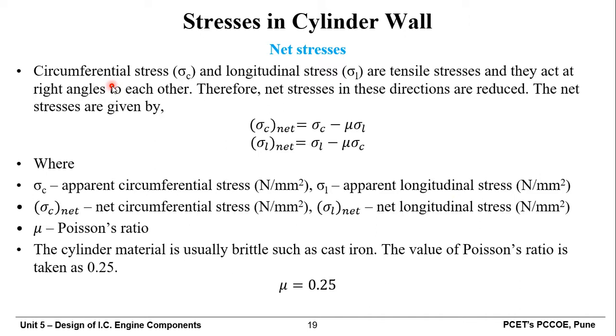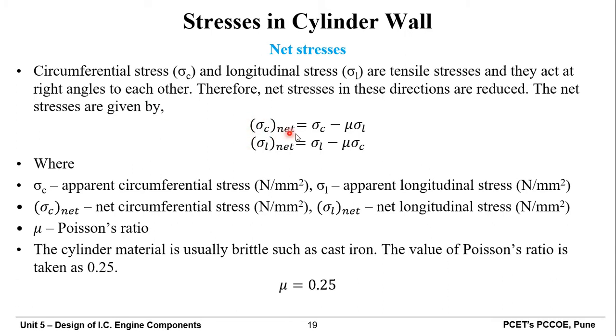Once you get the apparent circumferential stress sigma c and apparent sigma L, and we know that they act at right angles to each other, the net stresses are always reduced.